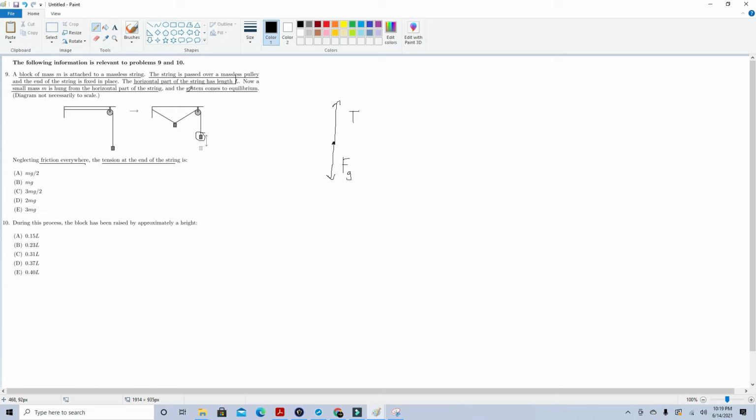Now, since it says that the system comes to equilibrium, we know that this mass has no net acceleration, which means that the sum of the forces must be equal to 0. Since these two forces are in opposite directions, we can subtract one from the other and set them equal to 0.